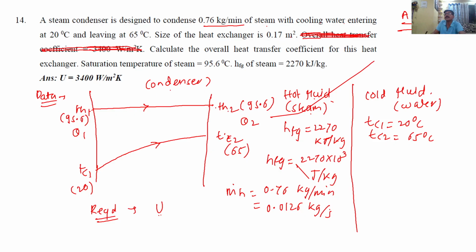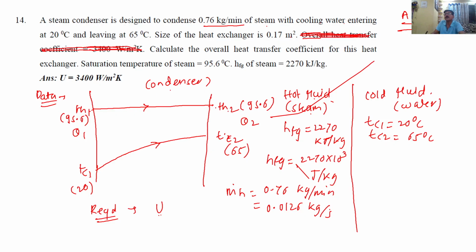Into what is Cph? The specific heat of the hot fluid is given as 3.2 kilojoule, but I need it in joule, so 3200.